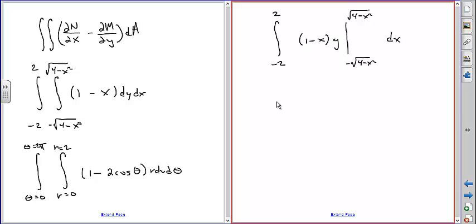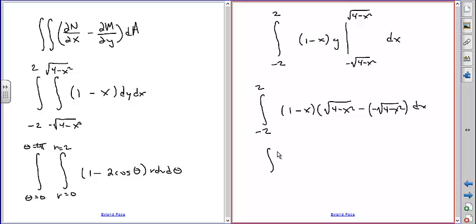So when you plug in the upper limit, you get the square root of 4 minus x squared, and you subtract the lower limit, which is negative the square root of 4 minus x squared, multiplied by dx. And so you get 2 of those.